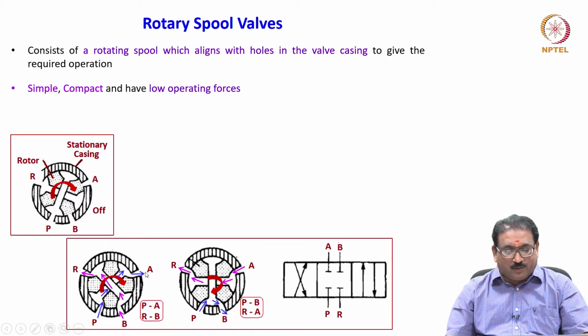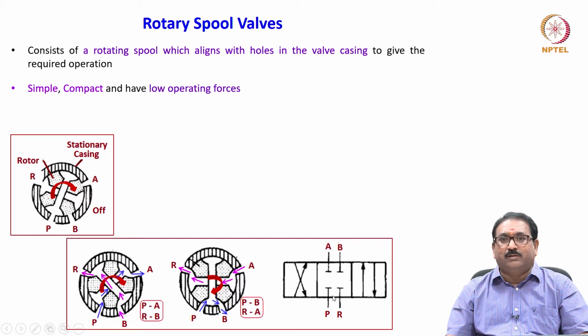P is connecting to A, then B is connecting to R. When it rotates still further, P is connecting to B and A is connecting to return, correct? Here I have written the complete valve representation.